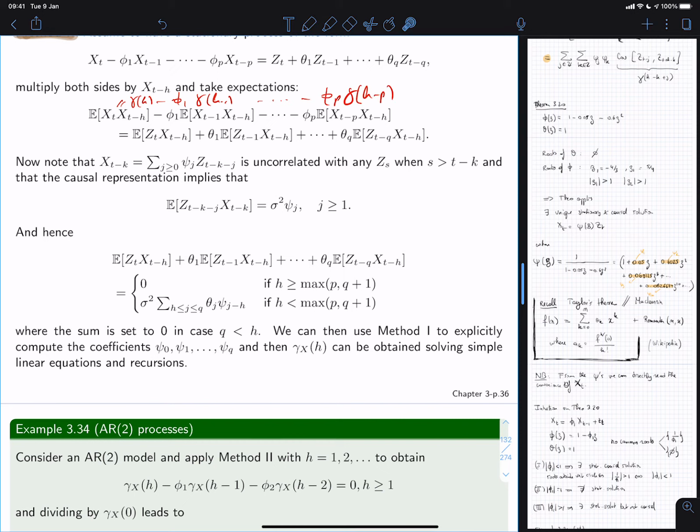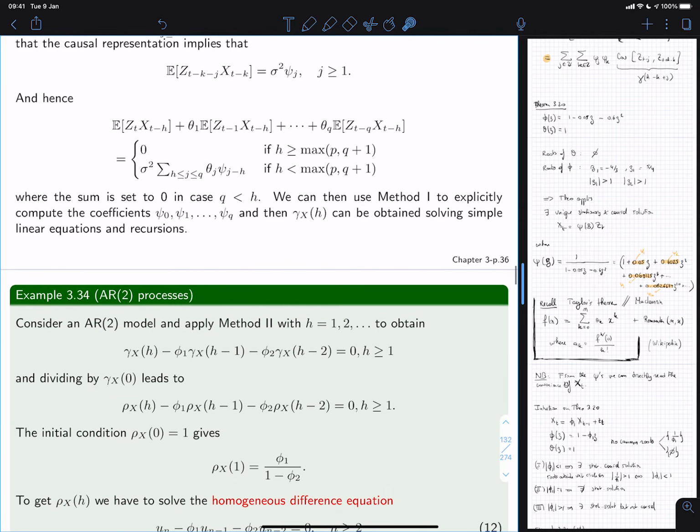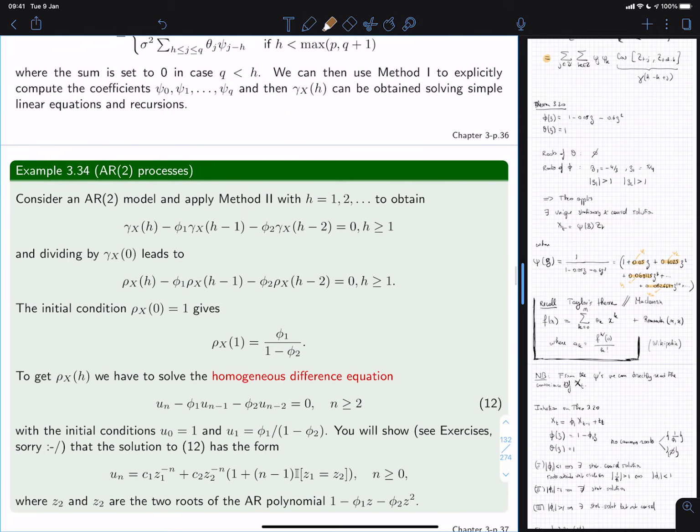And then we have a system of equations which relates gamma(h) with the psi_j's and the thetas and the phi's. And we solve that, and we get the solutions. Again, I'm not doing this for you, you have to do it yourselves. We can use this to compute the autocovariance in an AR(2) process.